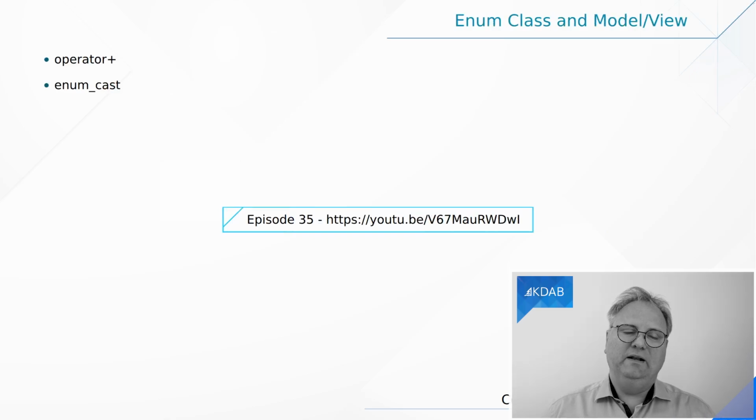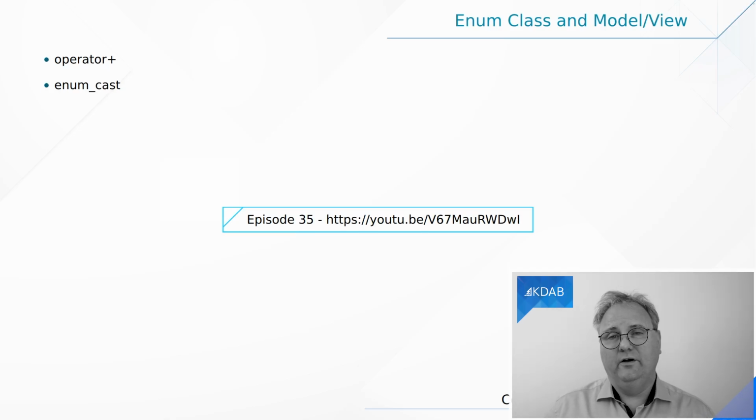We have, I believe, seen the operator plus trick where you have an enum class and you need to convert that into the underlying integer. There is a trick where you simply write plus that enum, and then it can go into a switch statement, for example, or be used somewhere where you expect an integer or an unscoped enum.